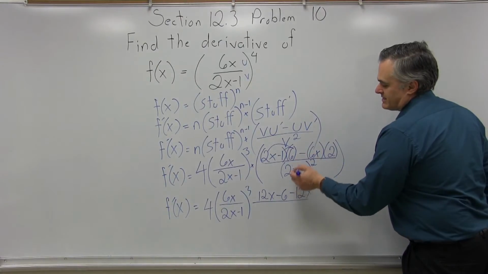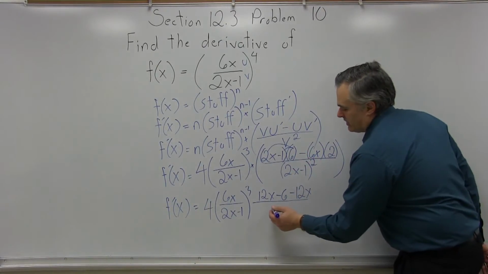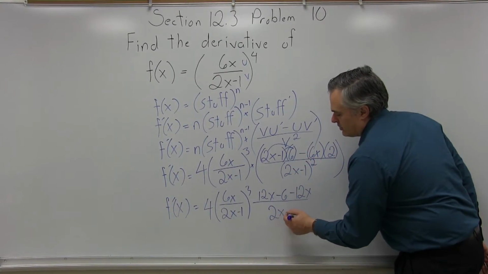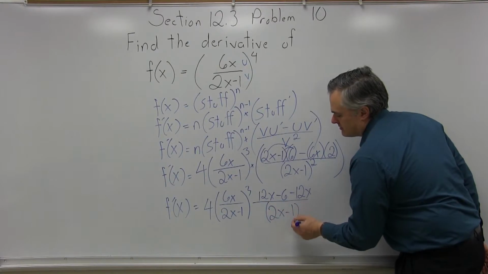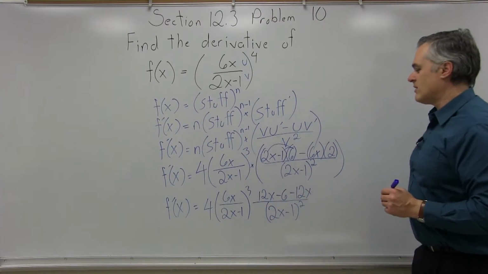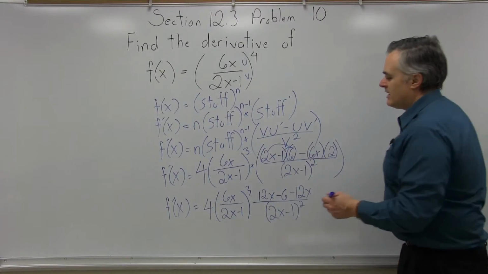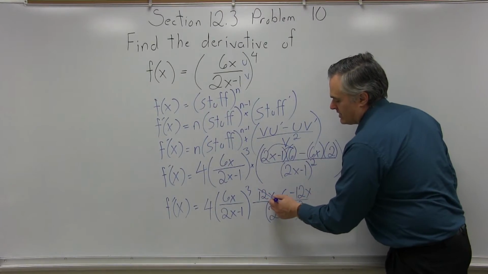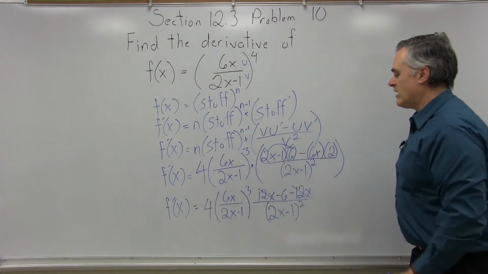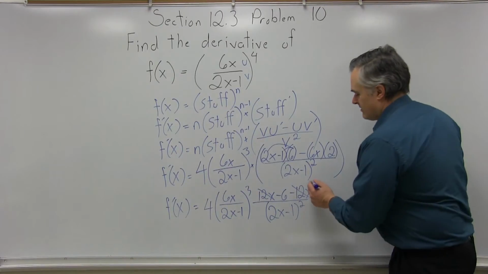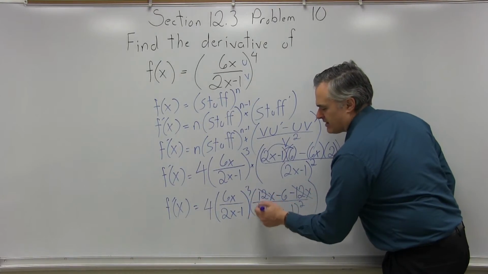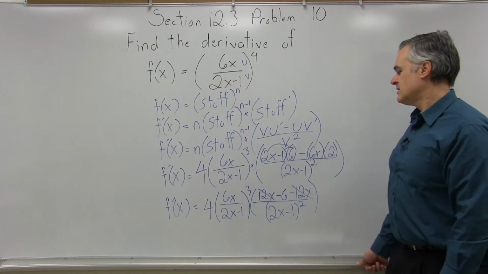Don't forget there's a minus in front of it. And I will leave the 2x minus 1 to the second power underneath. Now I have positive 12x, negative 12x. I can keep that in parentheses just to make it clear that I'm multiplying times everything else.